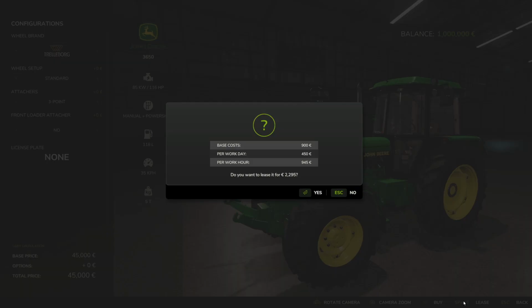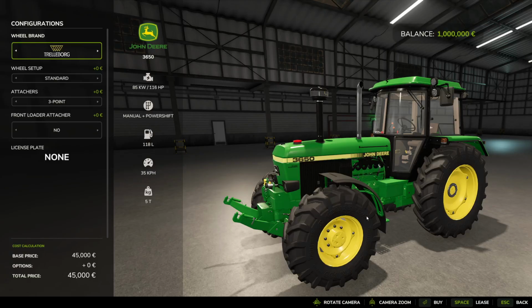And do I want to lease this tractor under these conditions? I would say no in most situations. I wouldn't recommend renting some machinery that you use frequently, because for every day and for every working hour you have to pay money.